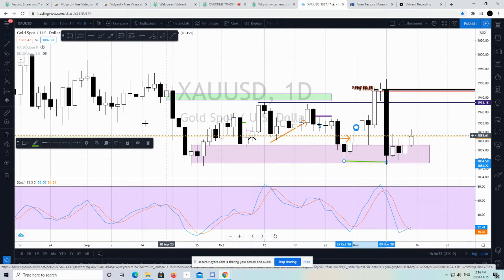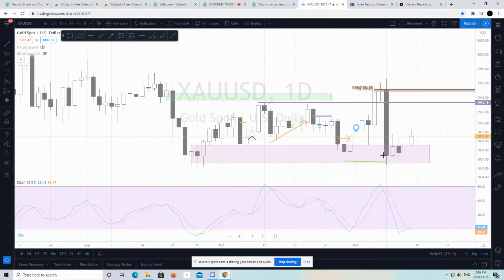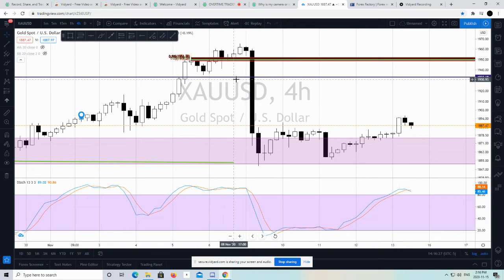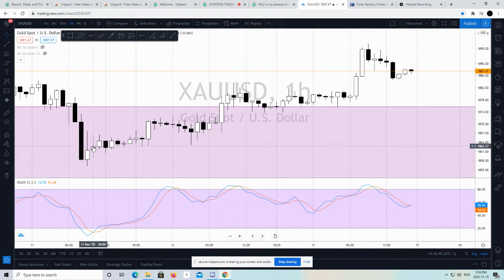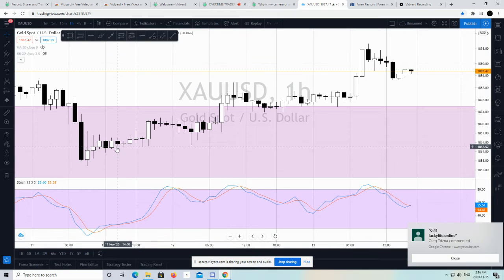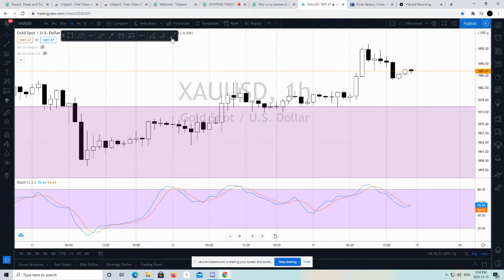So if I go down to the lower time frame, okay, see, this right here took it out. Okay, higher high, higher low, high, and then we keep going. Okay, go down lower. You can see definitely on the H1 right here, we're definitely moving up.